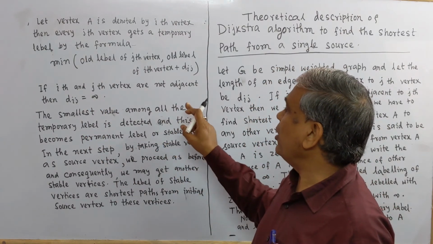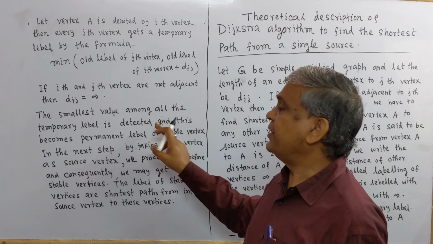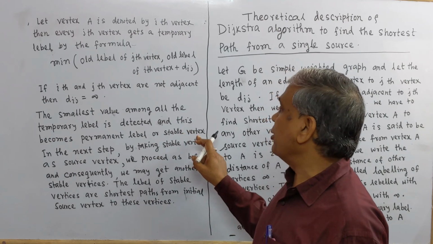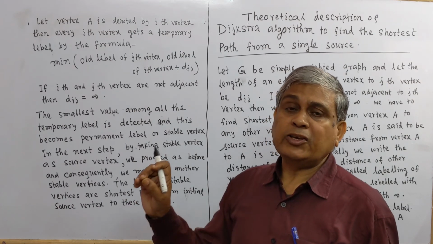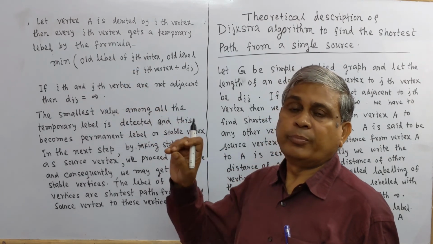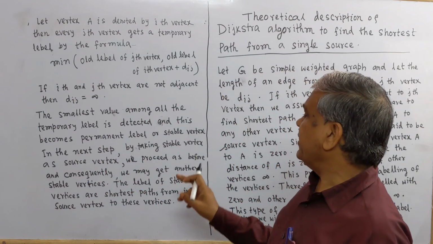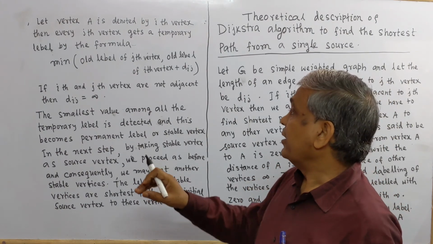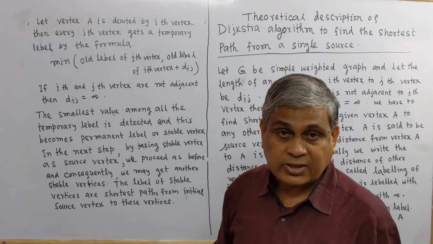The smallest value among all temporary levels is detected and this becomes the permanent or stable vertex. The vertex which has the smallest level during this process becomes a stable vertex. In the next step, we take the stable vertex as the source vertex. Initially we assumed vertex A as the source vertex.